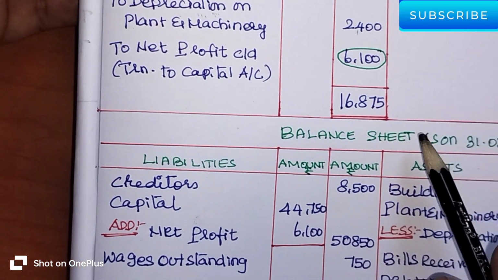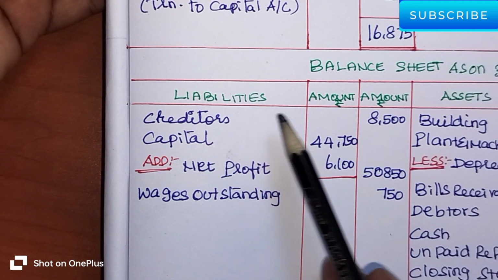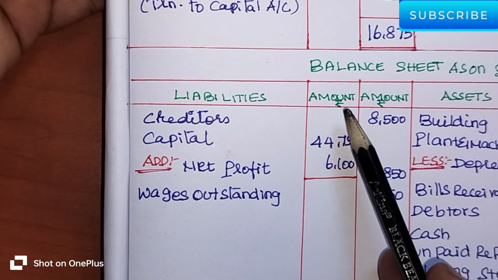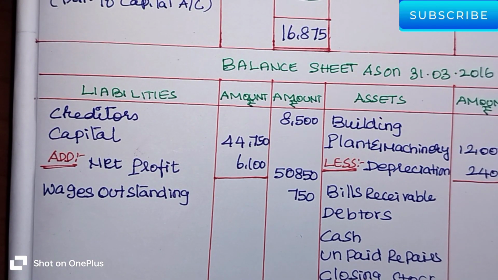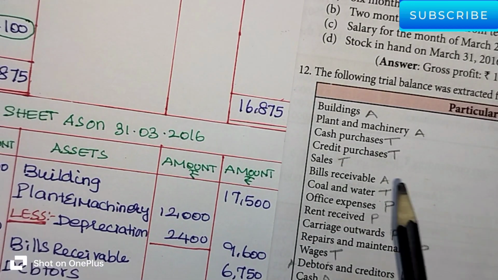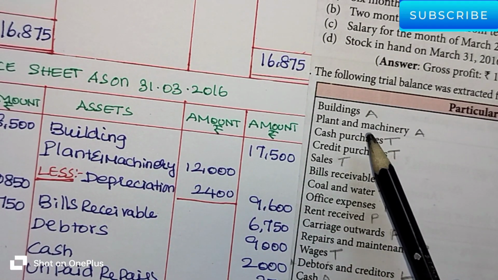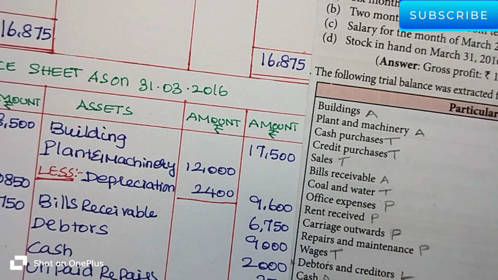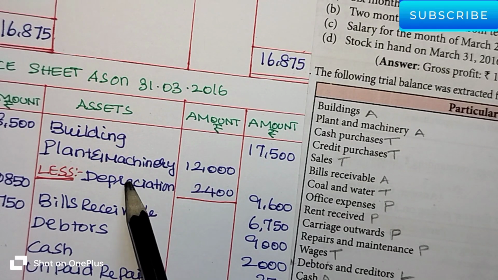Let's go to the balance sheet. It has two sides, liabilities and asset sides. The liability side has 2 amount columns, the asset side also has 2 amount columns. Already we identified and marked the items. So building goes to the asset side. Plant and machinery 12,000 rupees we enter in the inner amount column because it has the adjustment.